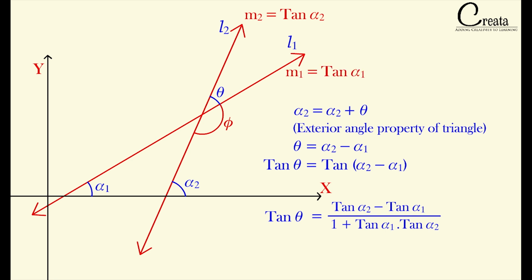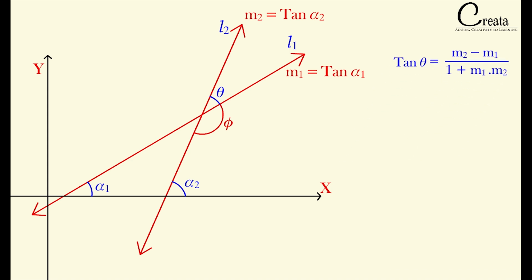Let's replace the terms. We get tan theta is equal to M2 minus M1 upon 1 plus M1 into M2. This is the formula of tan theta, where theta is the angle between lines L1 and L2.